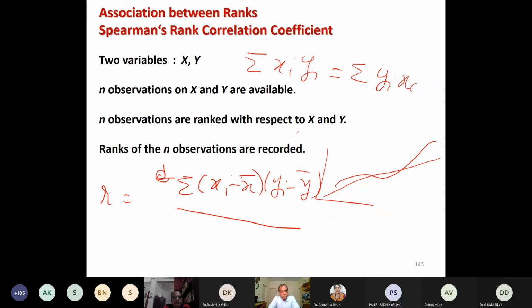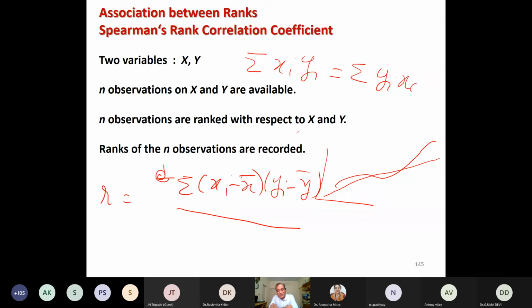Sir, I have a question. In case of correlation, do we always have two variables, or can we have correlation between more than two variables also? Yes. Well, Anuradha had given me just 2 hours, so I did not have time to go for other things.